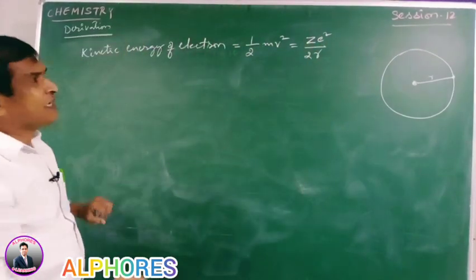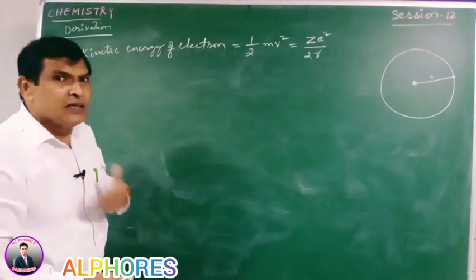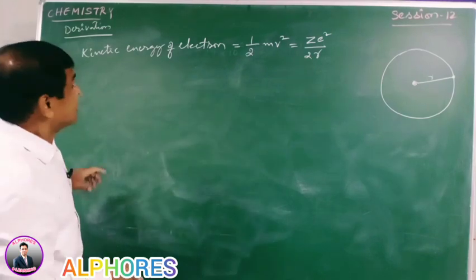That is the kinetic energy of the electron revolving in the circular orbit.